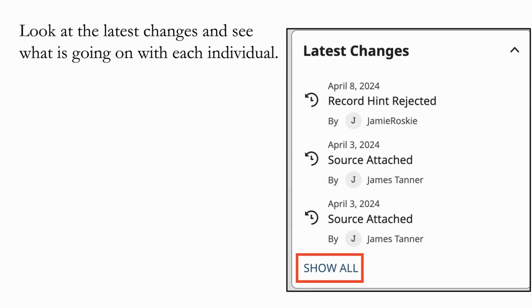But if you get into one and you see the latest changes are like yesterday and today, and people are changing it every single day, that's what I call a revolving door ancestor. And I would suggest just simply waiting around to see if all those people are ever going to stop and ever going to read all of the sources that actually exist instead of trying to make up stuff.